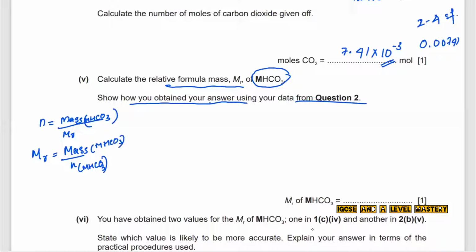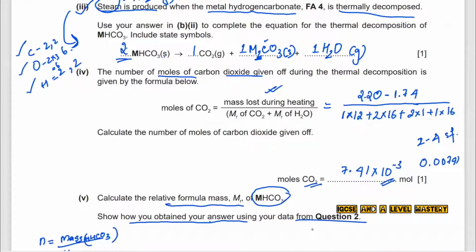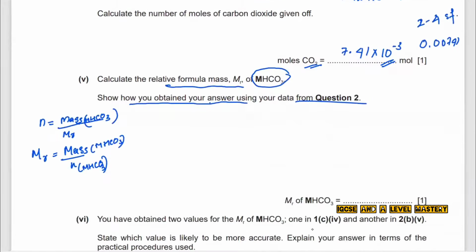So we haven't found the number of moles of metal hydrogen carbonate, but we have found the number of moles of CO2. So from the balanced chemical equation, we can definitely find the number of moles required for metal hydrogen carbonate. So let's take that.